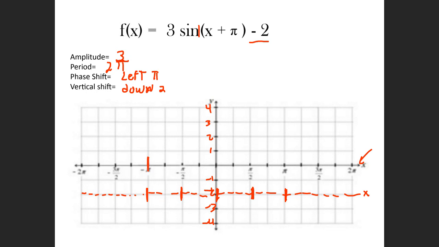I'm going to do that in blue. So I'm going to start here in blue, and then my first unit I'm going to go up 3, 1, 2, 3, and then I'm going to go down. Then I'm going to go down 3, 1, 2, 3, and I'm going to go up. So my graph is going to look like this.